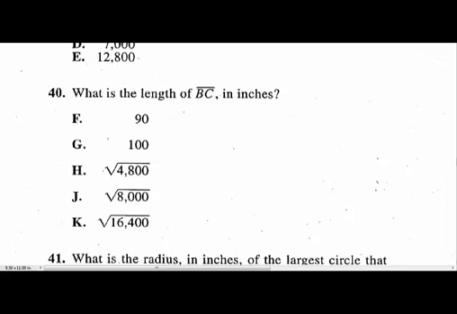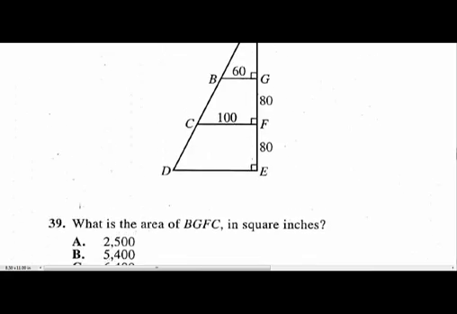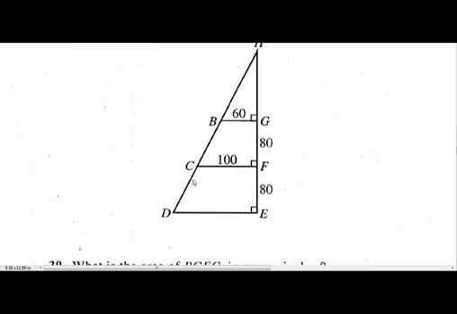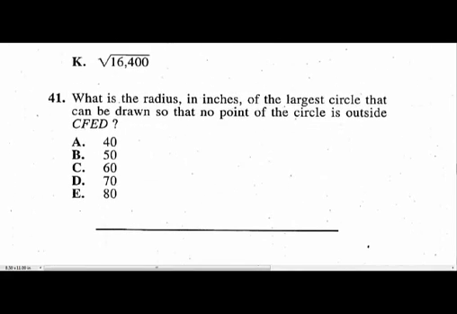Now, with that in mind, you see that I'm scrolling up and down, and that's kind of hurting my eyes, and it's annoying. So here's what we're going to do. We're going to look at this, and then I'm going to redraw this problem here. So let's go back to the problem first. It says, what is the radius in inches of the largest circle that can be drawn with no points of the circle outside of CFED?